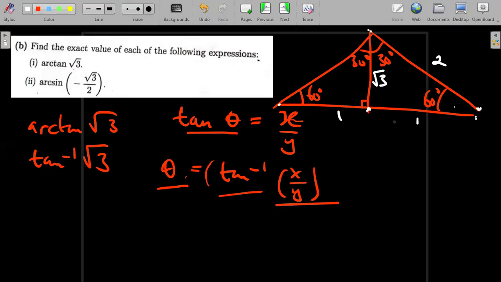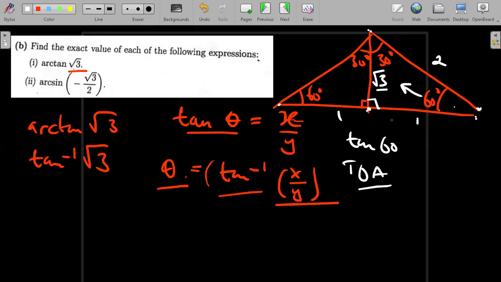So now, if I check here, which angle will give me root of 3? So when I check here, tan 60. Tan is given by opposite over adjacent. My opposite of 60 is here, which is root of 3.